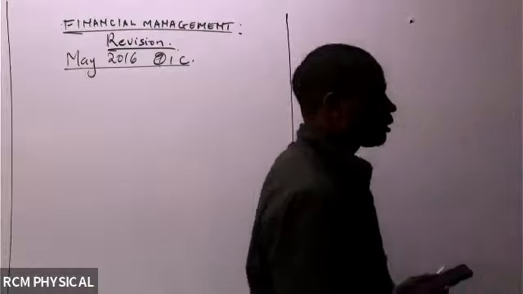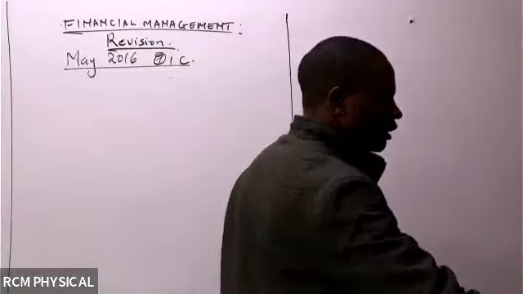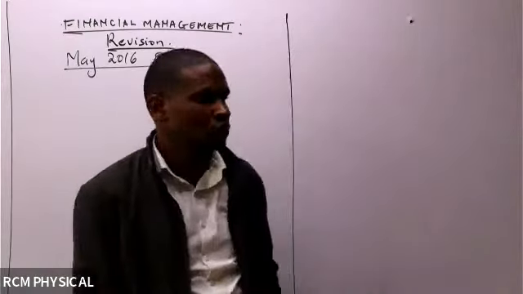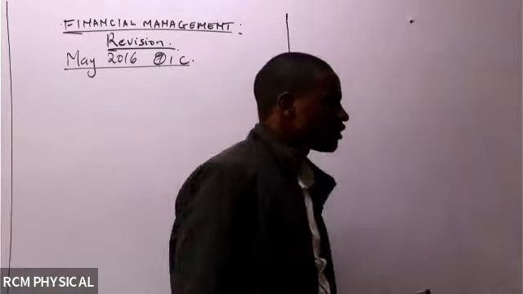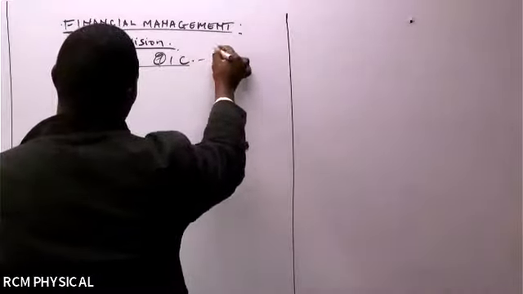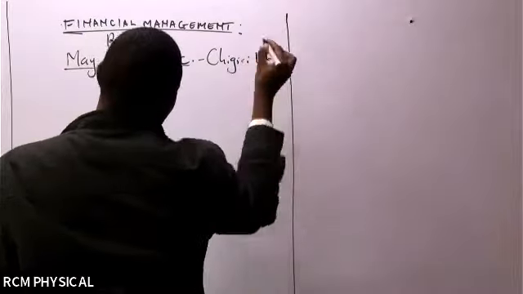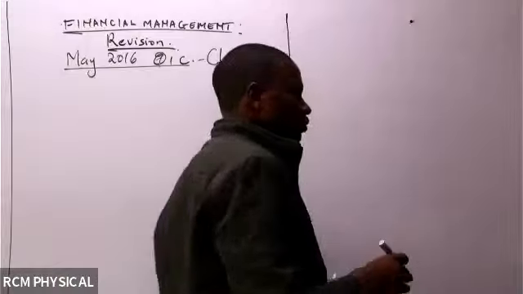From business valuation, that is company valuation. So from business valuation, Chigiri Limited, and we need to compute or to get what?